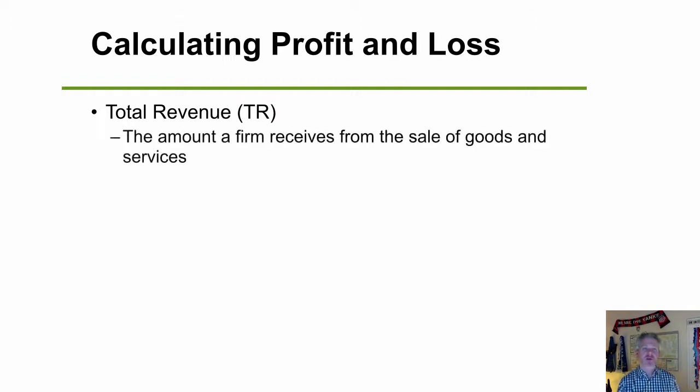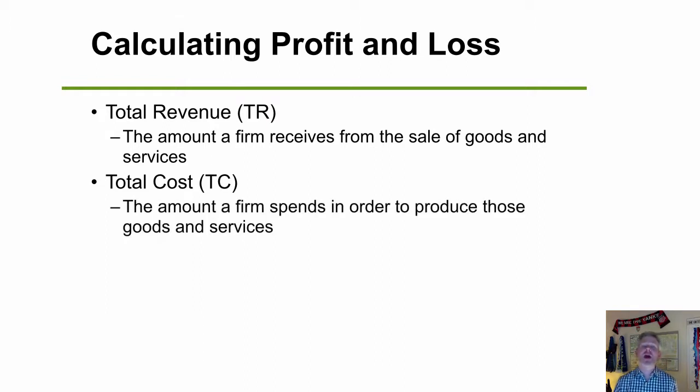So the first one is total revenue. It's the amount a firm receives from the sale of a good or service. So it's simply the price of the good times how much they sell. Price times quantity is the total revenue. The next is their total cost. This is the amount that a firm spends on labor, capital, and other inputs.